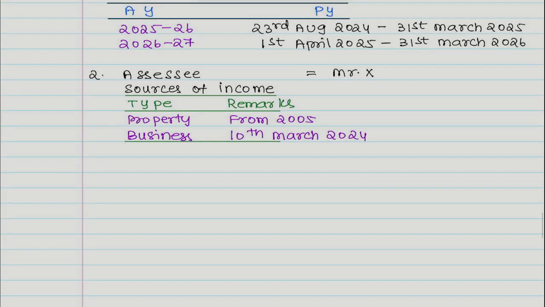Below write down. Property income, 42,000 per annum.